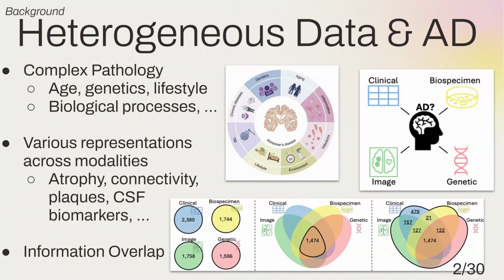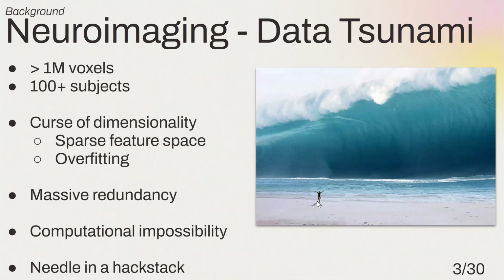Again, there are the underlying causes, but then there are also the ways that it manifests itself biologically that we see, which is atrophy in the brain, connectivity changes, the plaques and stuff like that. So I guess that's what we're trying to understand with the information overlap. But as we know, we all work with neuroimage data, which is in a high dimensional space.